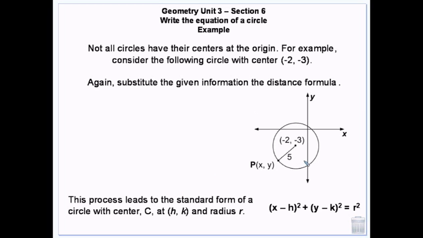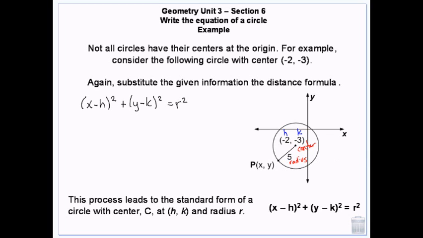So here's the center. If we're given the center and we're given the radius, we're going to plug it in. So I'm going to take the equation of the circle. The center is always H, K, alphabetically.